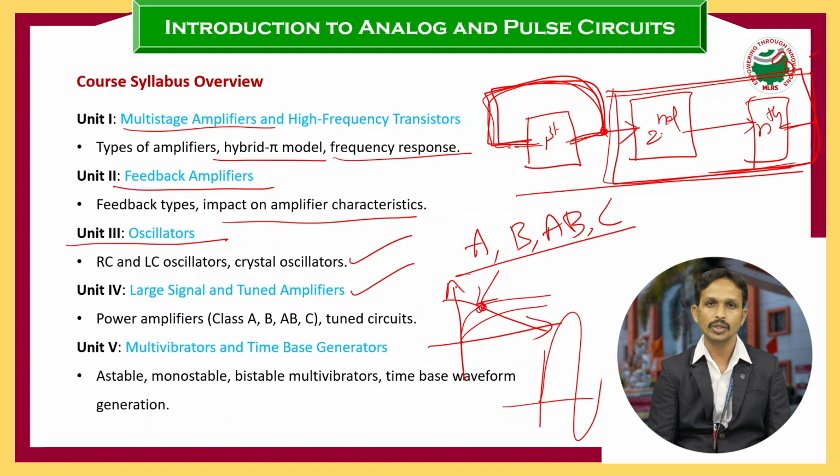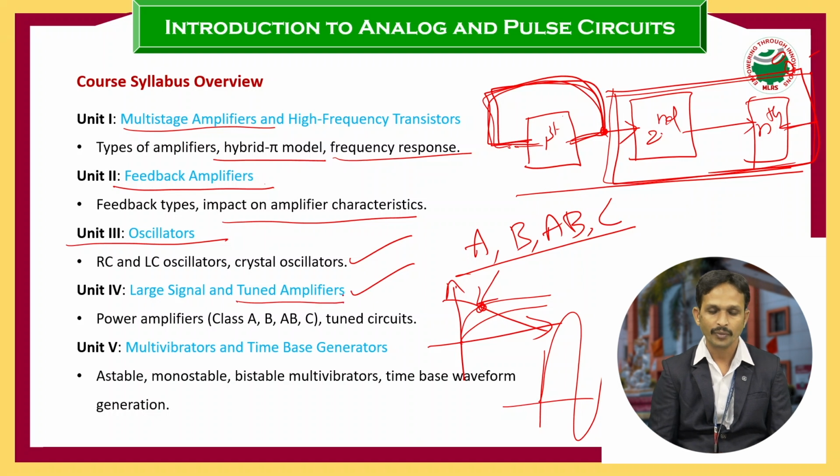According to the Q point positions, we can design the circuits and classify them as different types of power amplifiers, and we can also analyze the efficiency, that is, output power divided by input power.